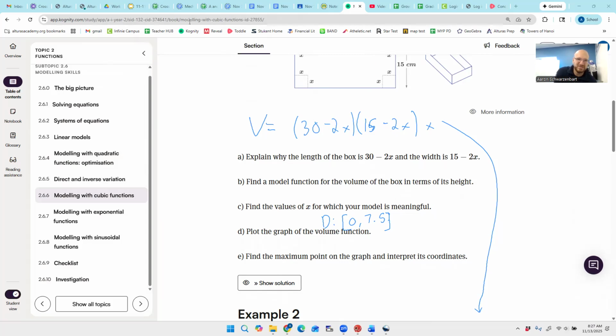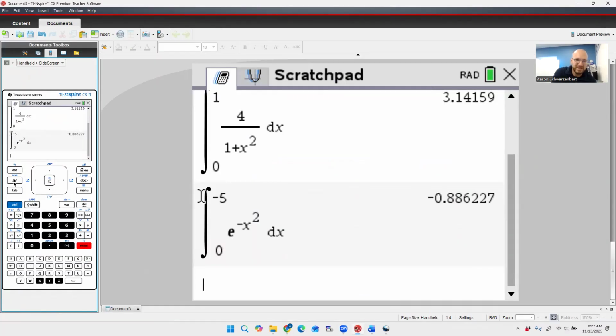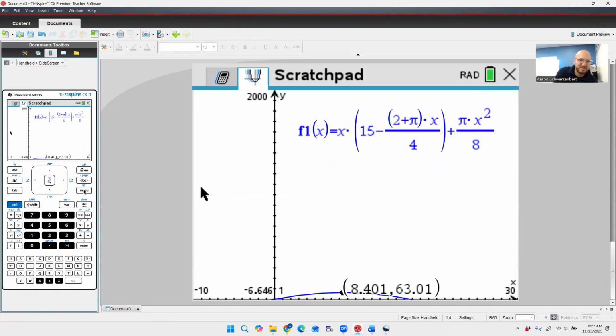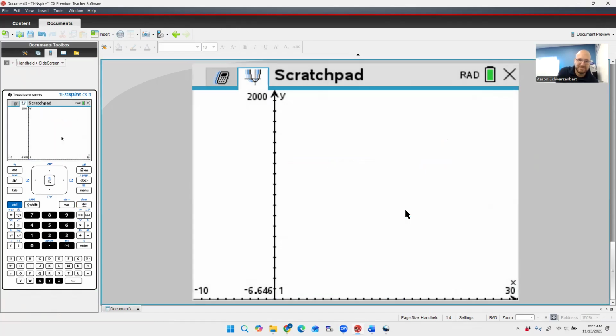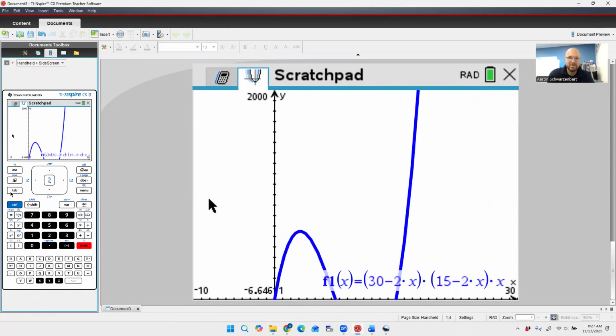I can remember that function. So notice our graph shows a whole lot of things.